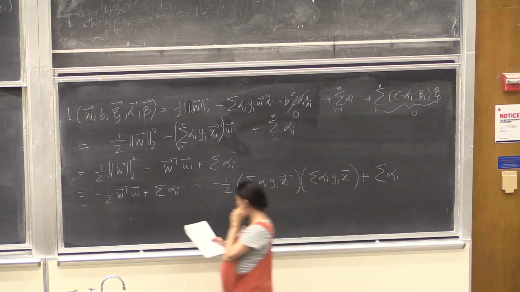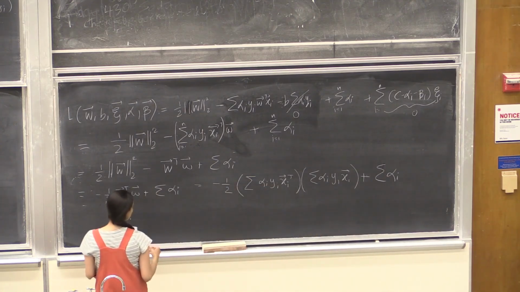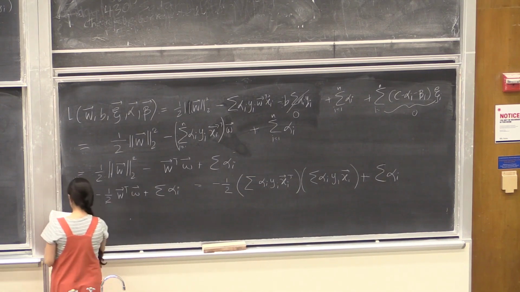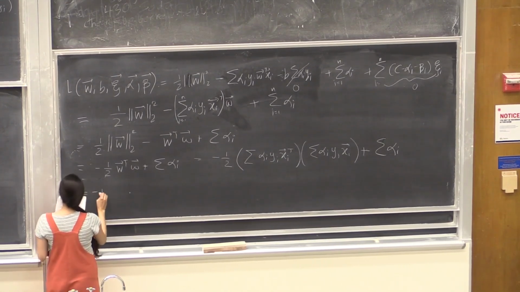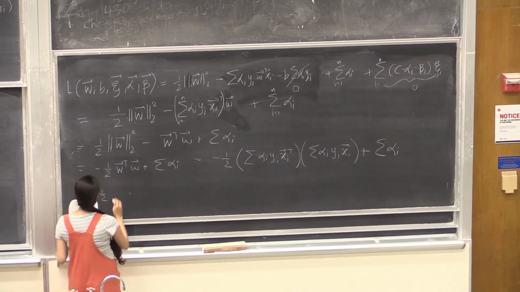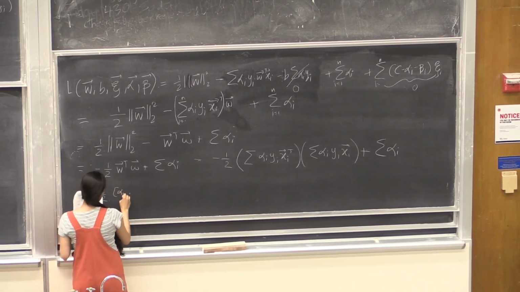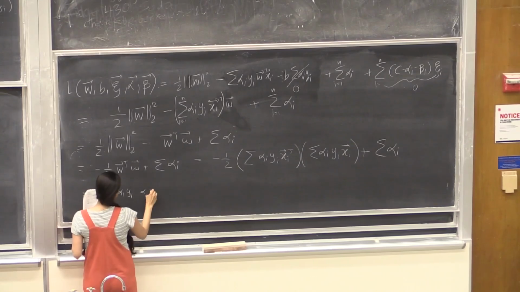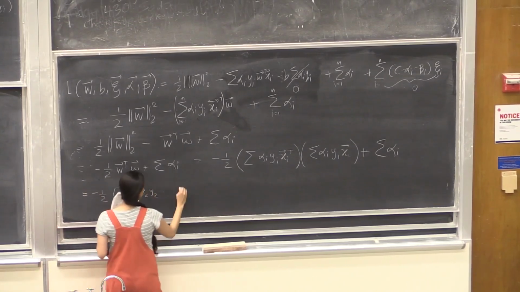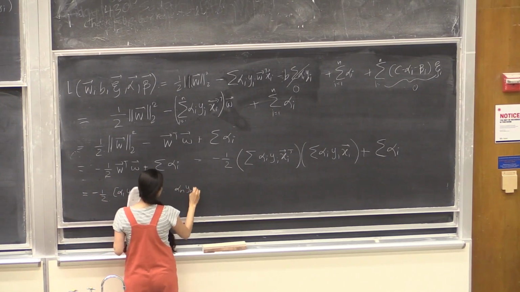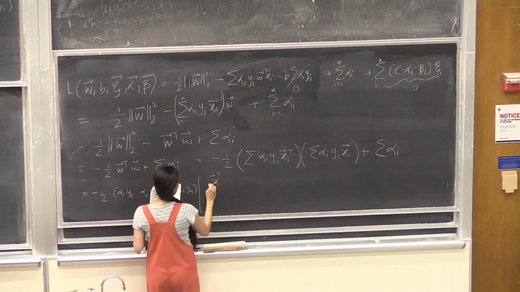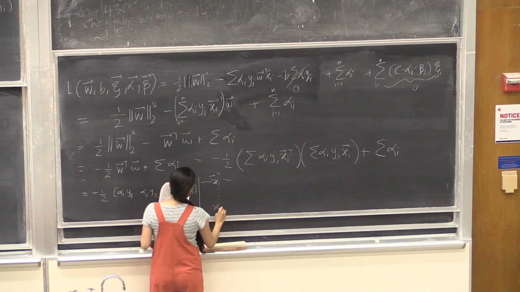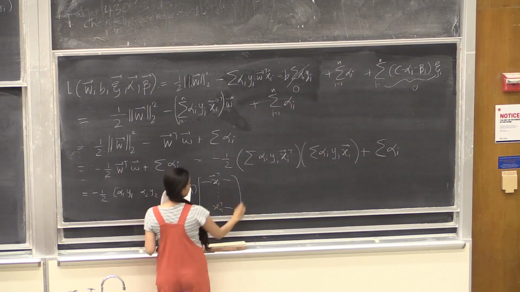And there are some nice ways to think about writing this. In particular, I can write this as minus 1/2, and I can write this as, let's say, a vector alpha 1, y1, alpha 2, y2, up to alpha n, yn, times x1 transpose all the way up to xn transpose.